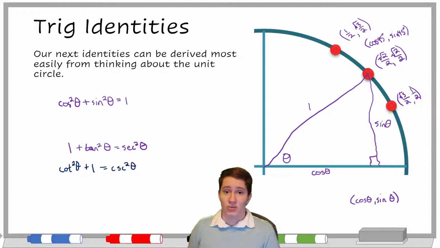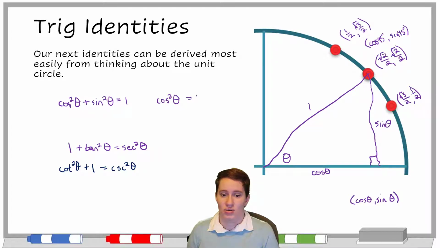What we can do, though, is manipulate these to get basically equivalent statements. If cosine squared plus sine squared equals 1, I could also think about what if I had cosine squared by itself? That would be cosine squared equals, I'd have to subtract sine squared over, so that I get 1 minus sine squared.